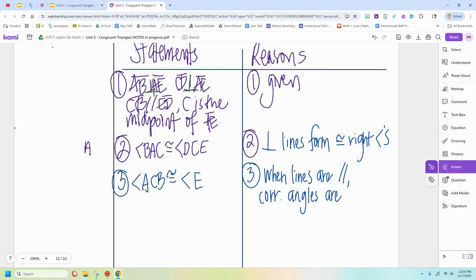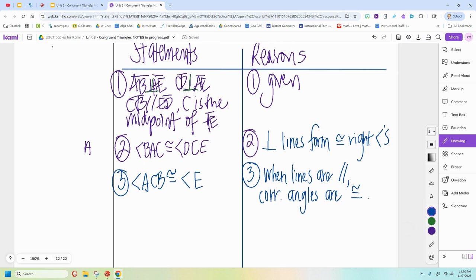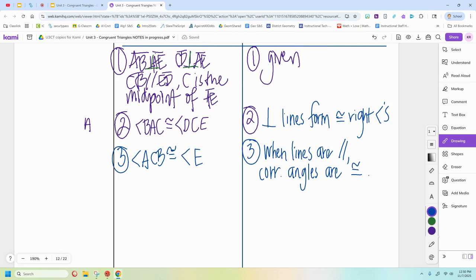Oops. Are congruent. And so you can abbreviate corresponding, that's fine to do. Okay, we have another set of angles.